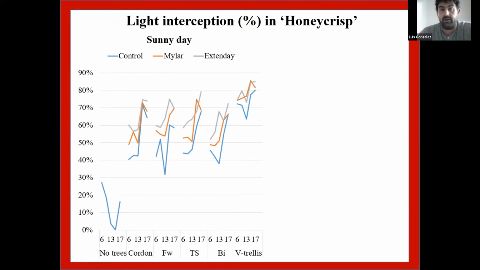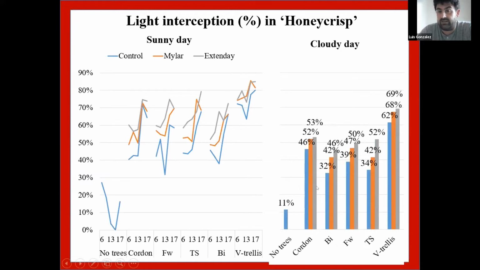On a sunny day, Extenday is the best system, with the highest values of light interception. On a cloudy day, the result is the same. All training systems show similar values of light interception, and V-trellis shows higher values. Moreover, the first position for light interception is Extenday, followed by Mylar, and the lowest light interception is for the control treatment.